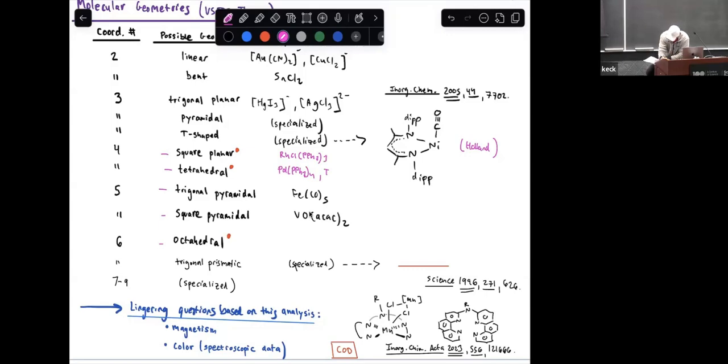Tetrahedral, things like nickel COD, titanium tetrachloride, tetrakis. Octahedral complexes, we covered the Werner complexes. Aqua complexes.